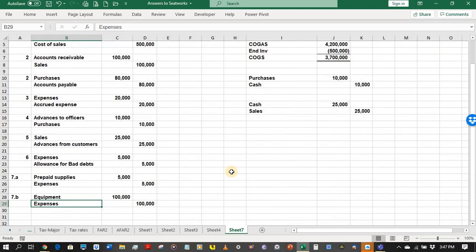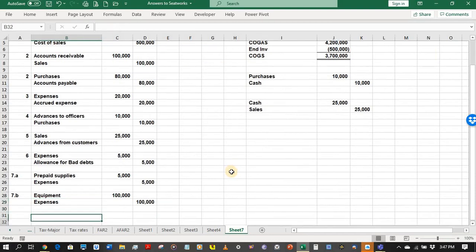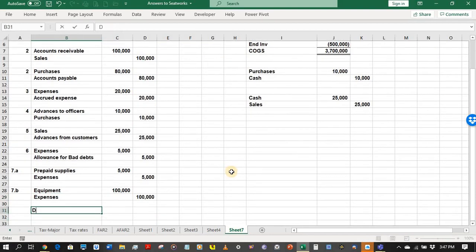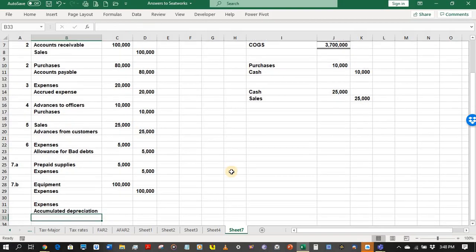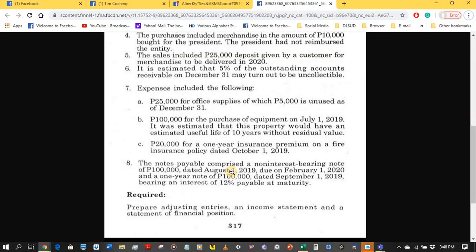Then, since this is an equipment, so we need to record depreciation. So, debit expenses, credit accumulated depreciation. Sabi niya, 10 years daw. 10 years. Siyempre, hindi tayo magbibigay ng depreciation for 1 whole year.